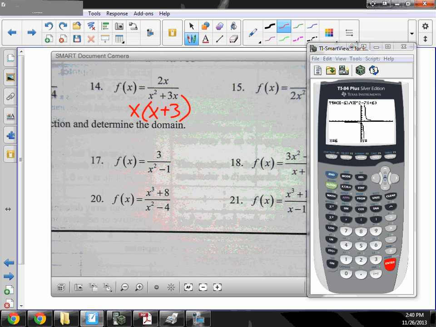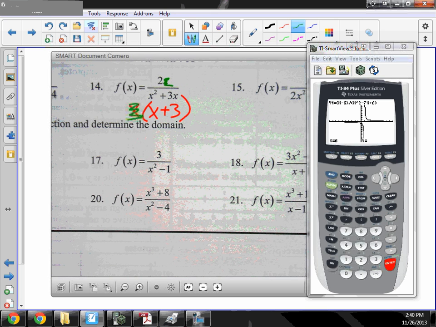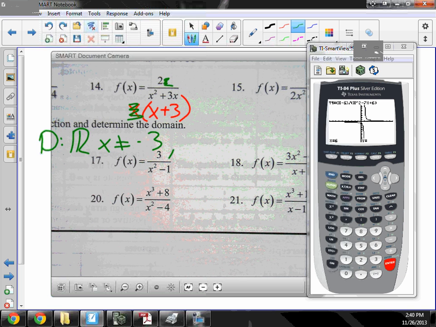Yes. The x's cancel. So my domain would be all real numbers except x cannot be negative 3 and 0. Whenever you have a solitary x, the root of that is 0. So what we did was tossed out the 0. So negative 3 and 0.